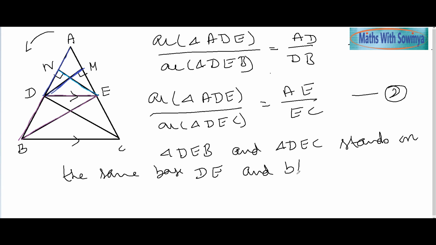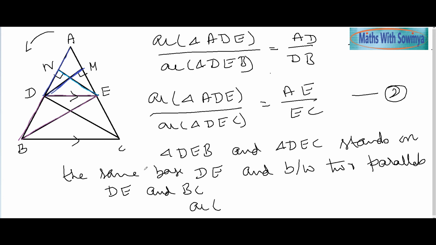These two triangles stand between two parallels DE and BC. Therefore, if any two triangles stand on the same base between two parallels, their areas should be equal. So I am going to say area of triangle DEB and area of triangle DEC are equal.